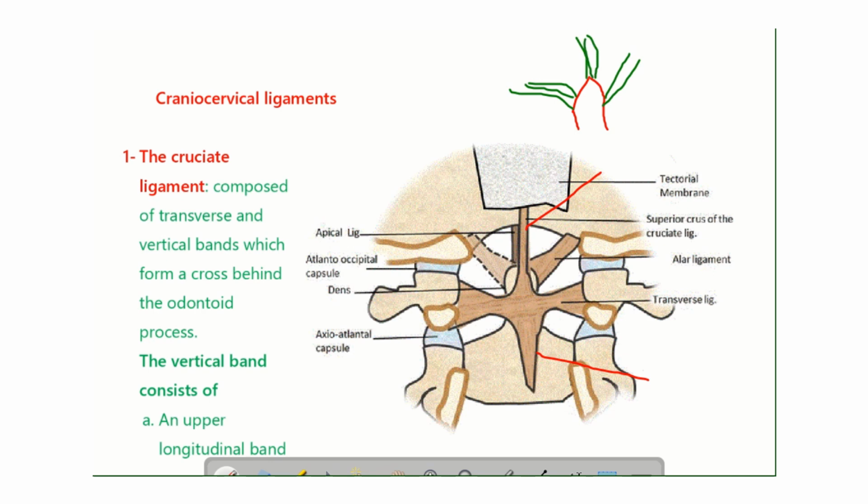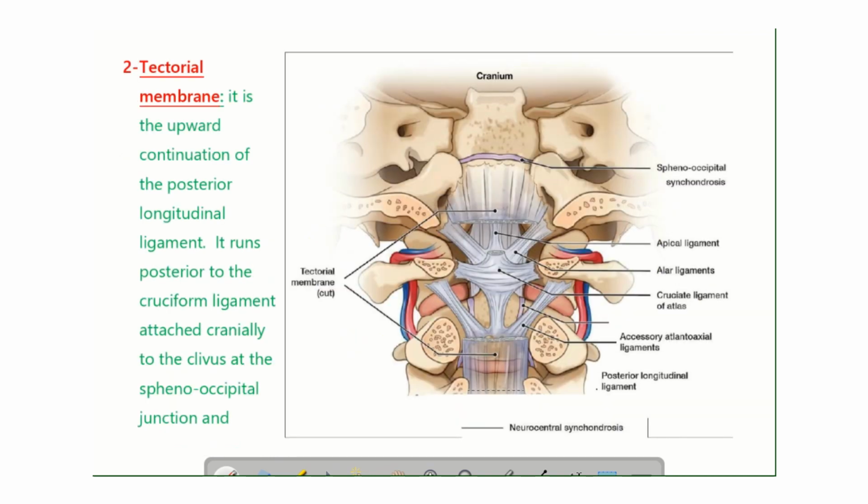The apical ligament connects the apex of the dens with the base of the skull, while the alar ligaments connect the sides of the dens with the base of the skull. The apical ligament has nothing to do with the stability of the craniovertebral connection. It may be absent in 20% of individuals.